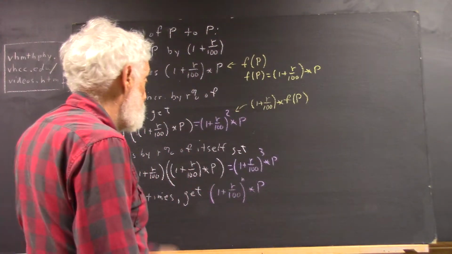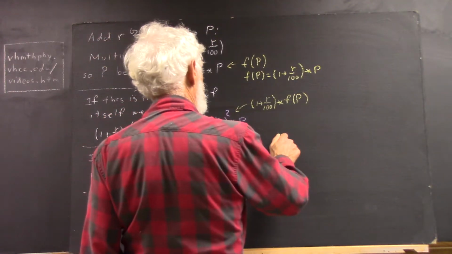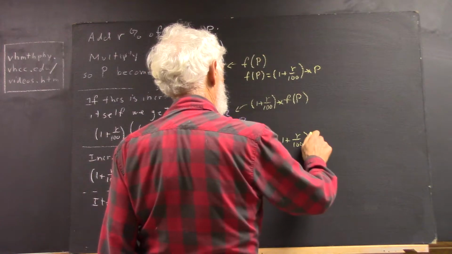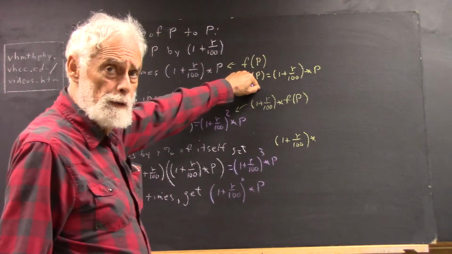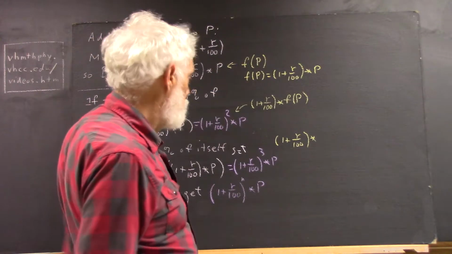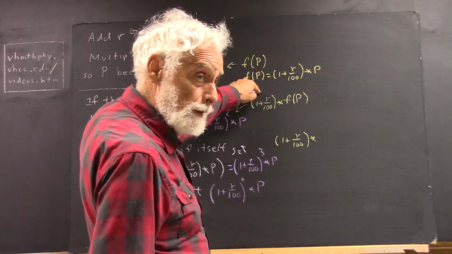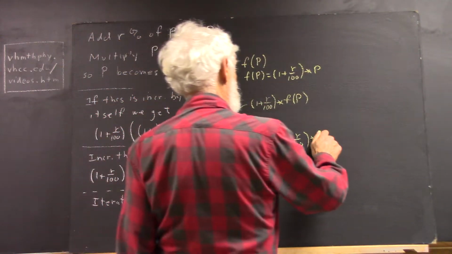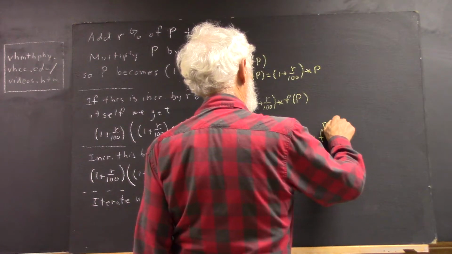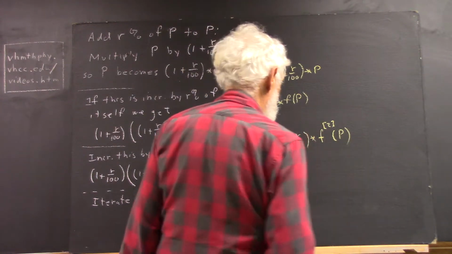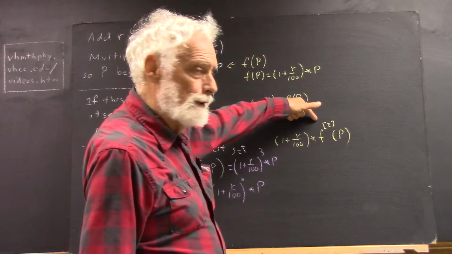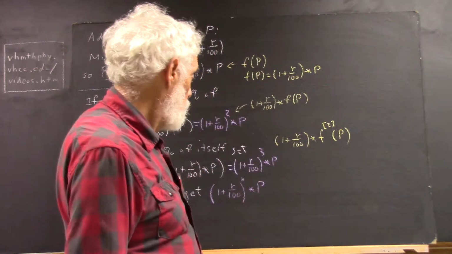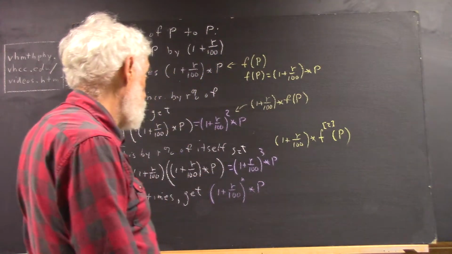Okay, then, at this stage, we could say this is 1 plus r over 100 times what we had here. Well, I didn't have a good name for what we have here, so I just used, without any need for anybody to understand function notation, f with a 2 here of p. And I did mention that that's a little bit ambiguous notation-wise, because that could stand for the second derivative with respect to some understood quantity.